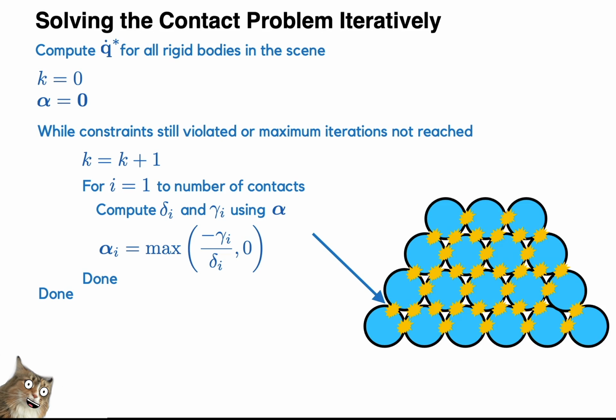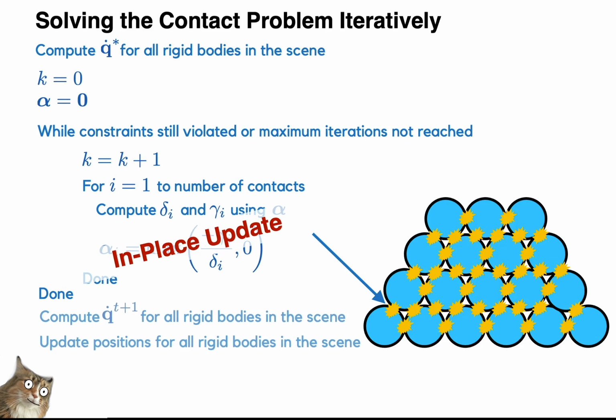Importantly, this is an in-place update, so all the contacts that we visit after this have the benefit of using this new alpha value to solve their individual contact problems. Once our algorithm terminates, we can compute our final rigid body velocities and positions.